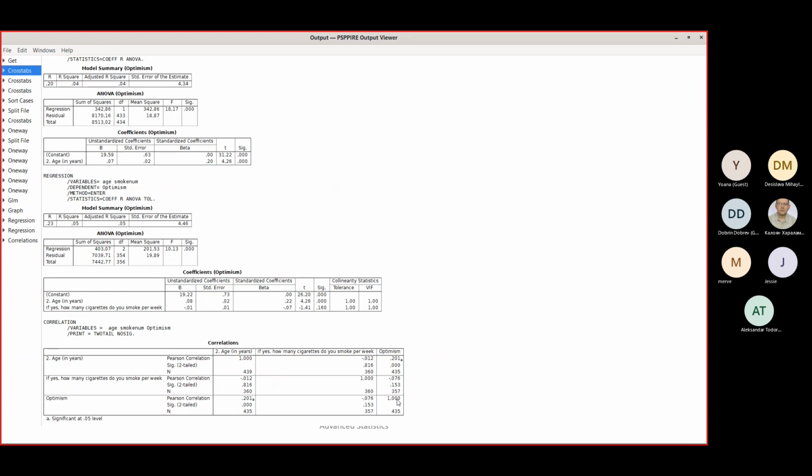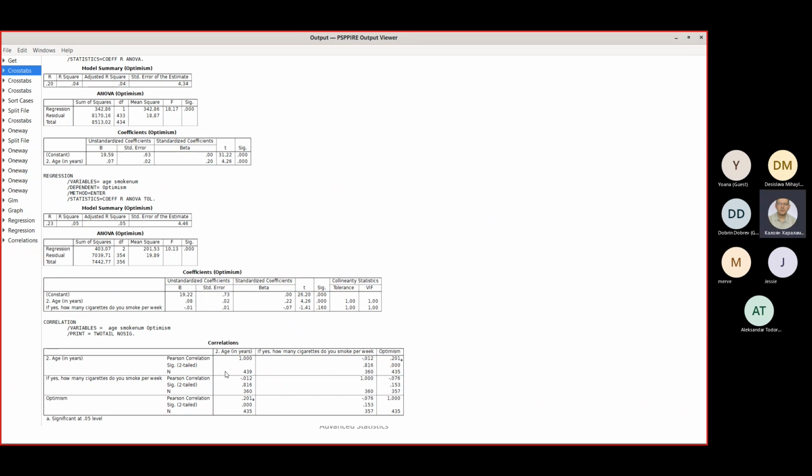And these numbers here above, and these numbers here below are the same, because if we change places of both variables, the relation is the same.